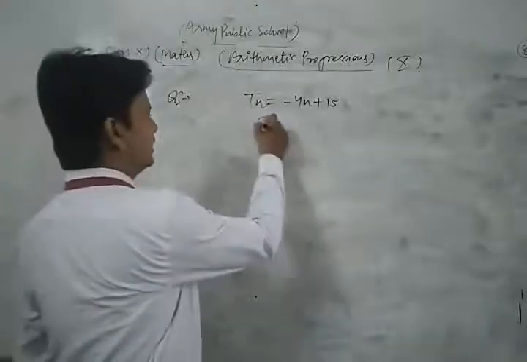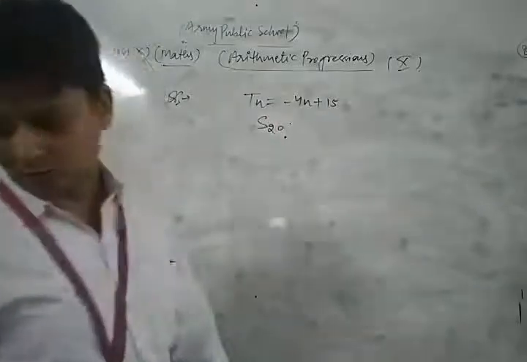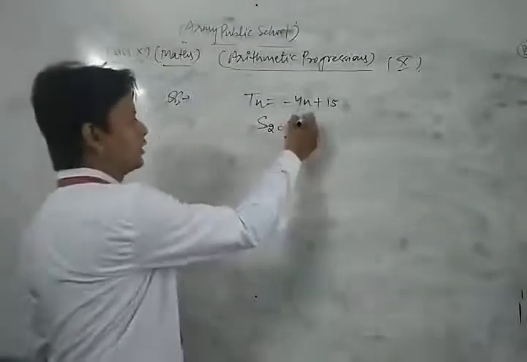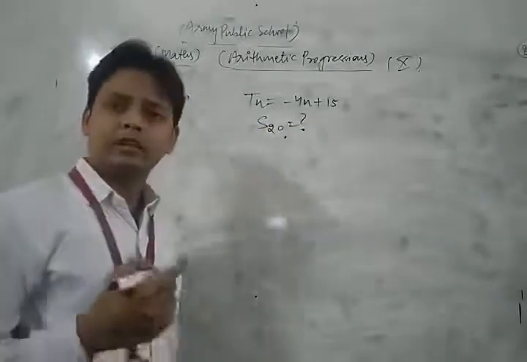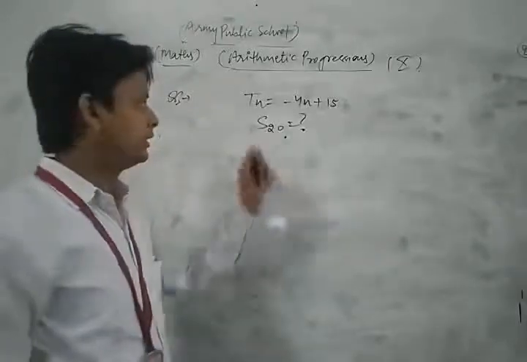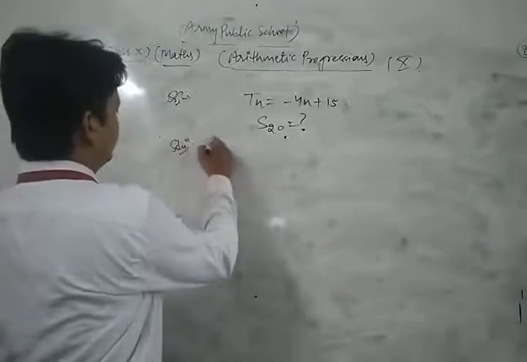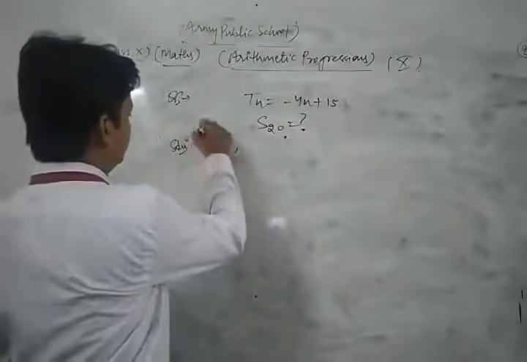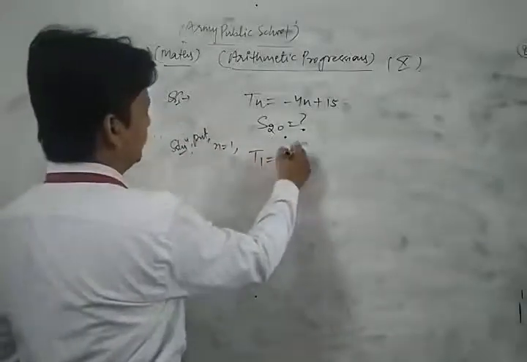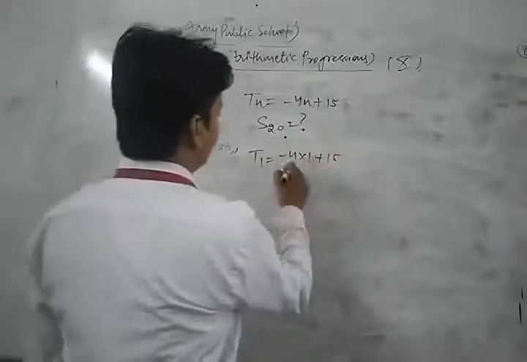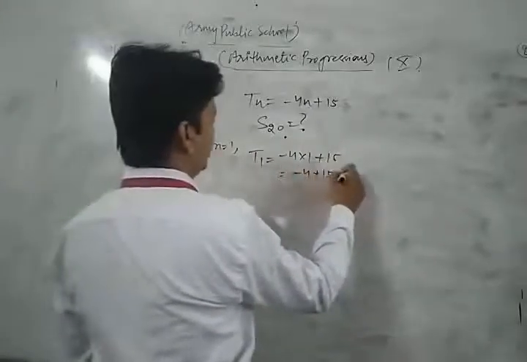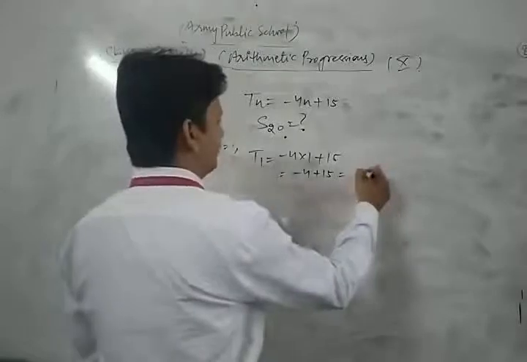First of all, we find the required AP, and after that we find the sum of its 20 terms. So let's see it. First we put n equal to 1. The first term of the given AP is minus 4 into 1 plus 15, that is minus 4 plus 15, which is 11.